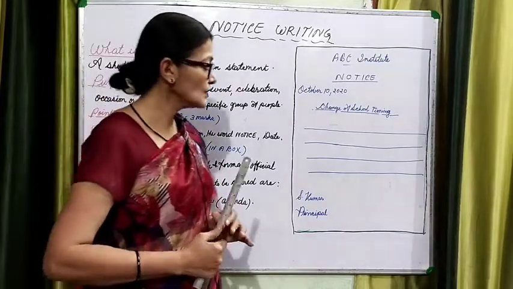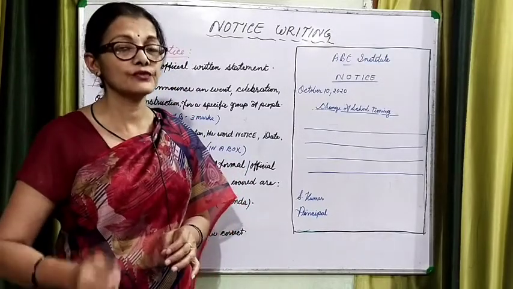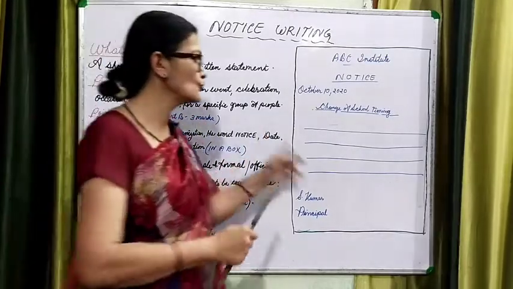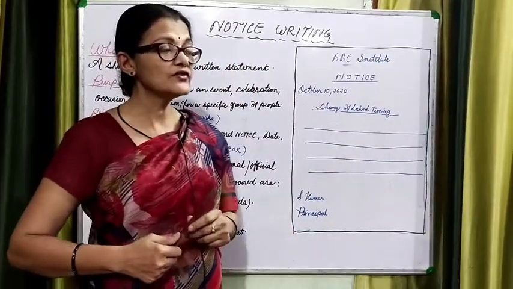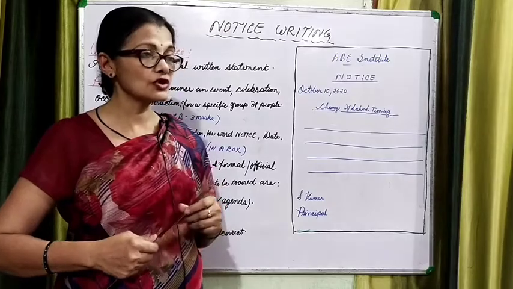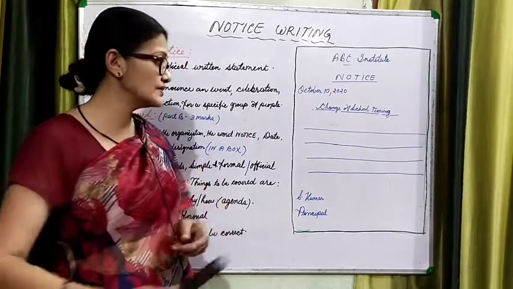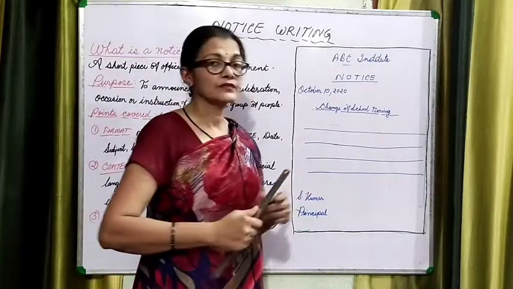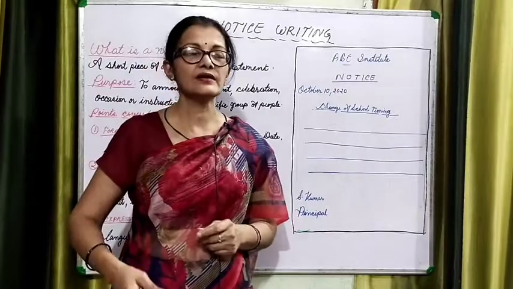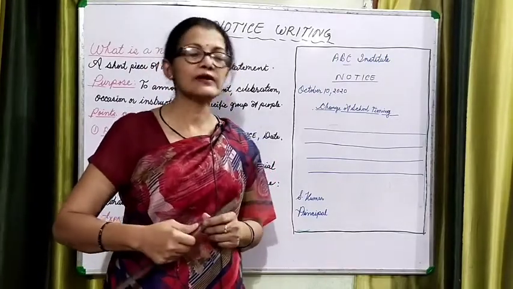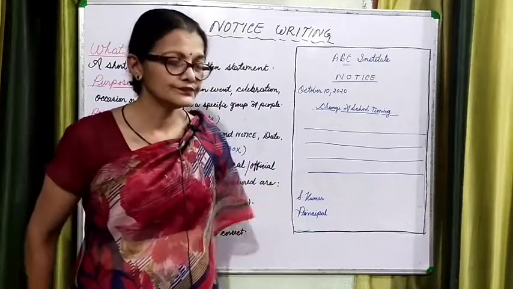Just make a mental calculation of how many words approximately you write in each line. So if you have to write a short answer of 30 to 40 words, you can assess that in one line you write 8 to 9 words. So how many lines approximately do you have to cover?